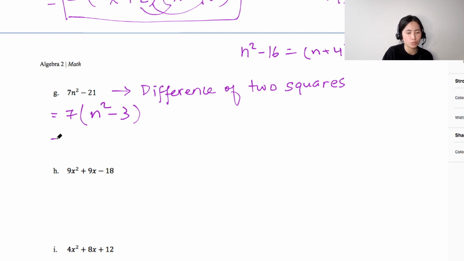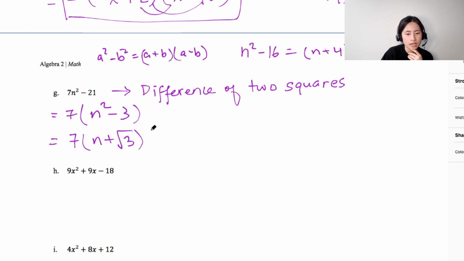So in that case, when you factor this, you're going to have this formula, which is a squared minus b squared, which is equal to a plus b times a minus b. And then from there, a in this case would be n. So that's going to be n, and this is going to be plus square root of 3.